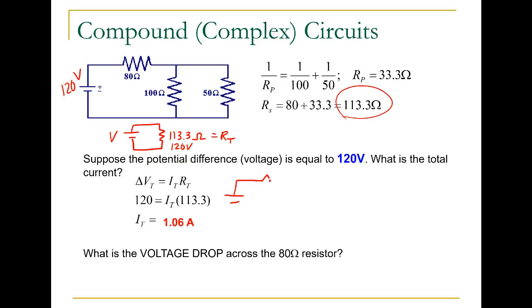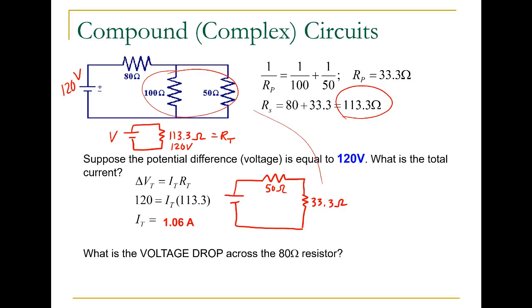Okay, so now I'm going to expand back just this far to when this was 33.3 and this was 50. So that was our intermediate step. If we remember from the previous slide, the first thing that we did was we took the 100 and the 50 and put them in parallel.